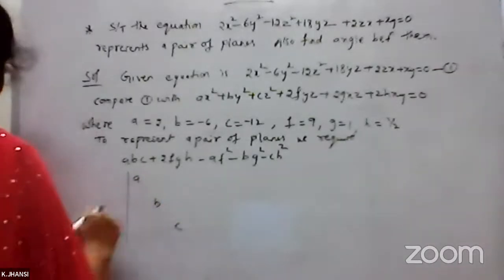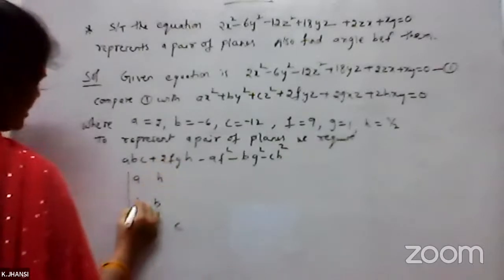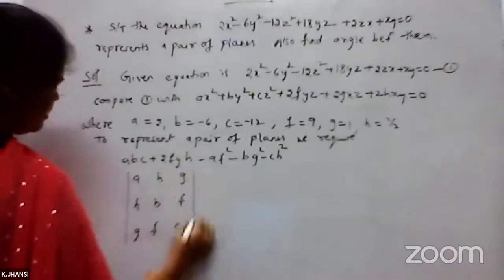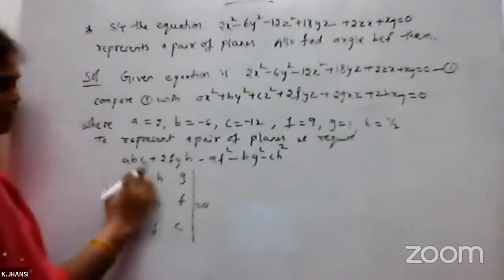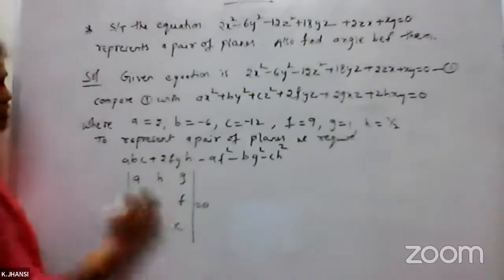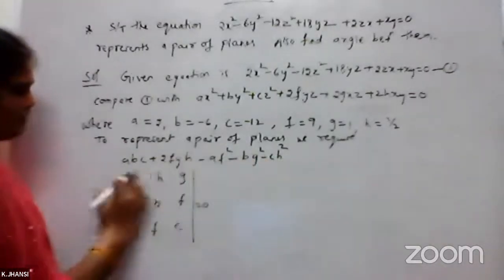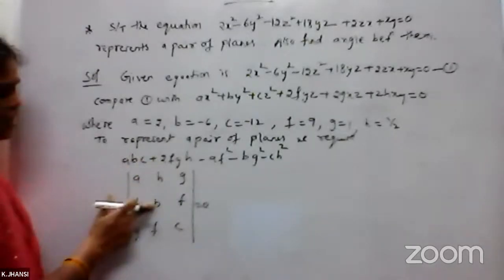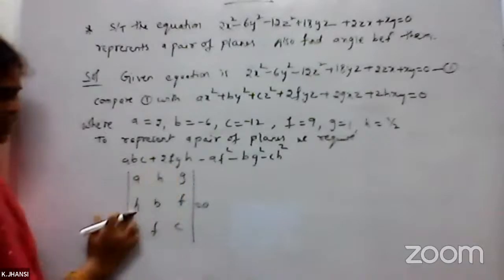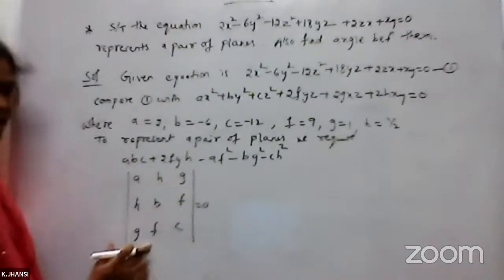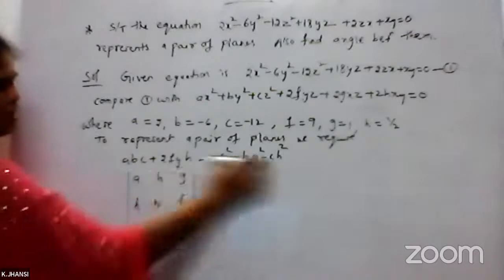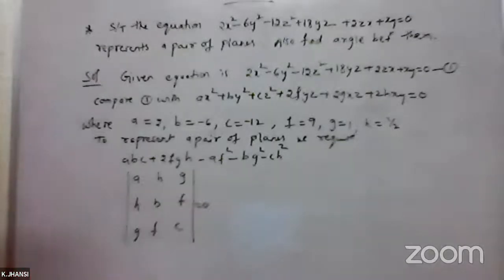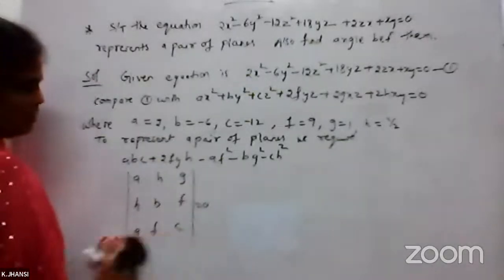Next you will have H here and H, G and G, F and F. If you find the determinant of this, you will get the formula. This you have in your textbook. If you are unable to remember this formula, you can remember it with the help of this determinant.